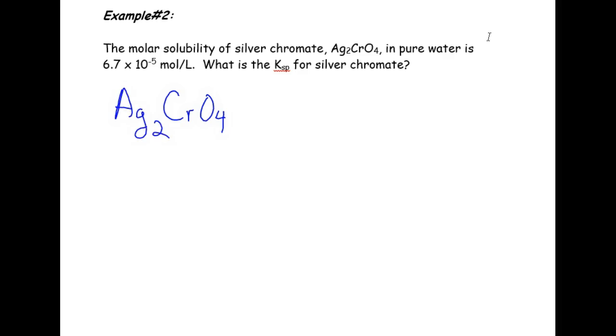Okay, so I have my Ag2CrO4, and I know that the 2 subscript beside my Ag is there strictly because of the charge on CrO4, my chromate ion. Okay, and the charge on Ag is +1. So I know that when I show the dissociation of Ag2CrO4, I'm going to have to show 2 Ag pluses.